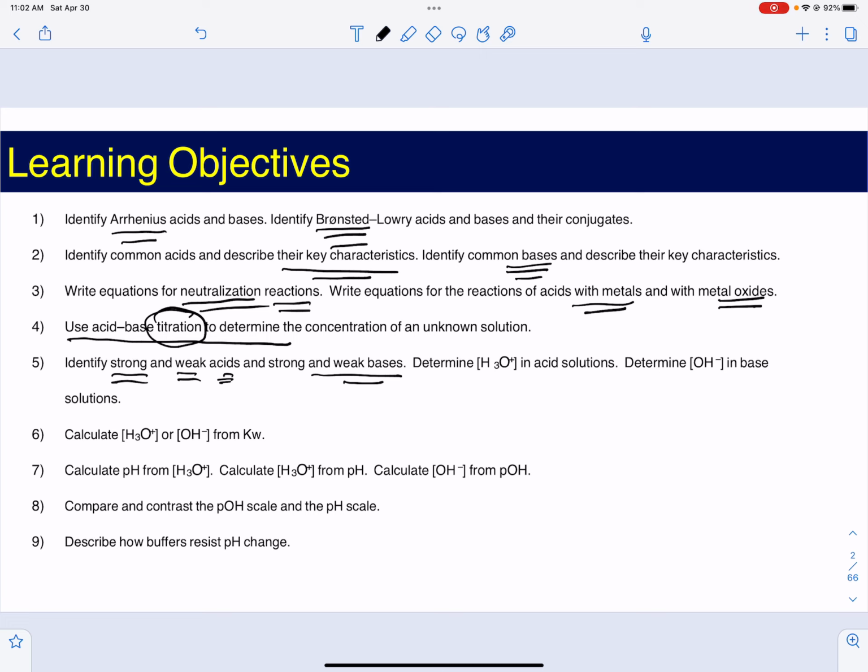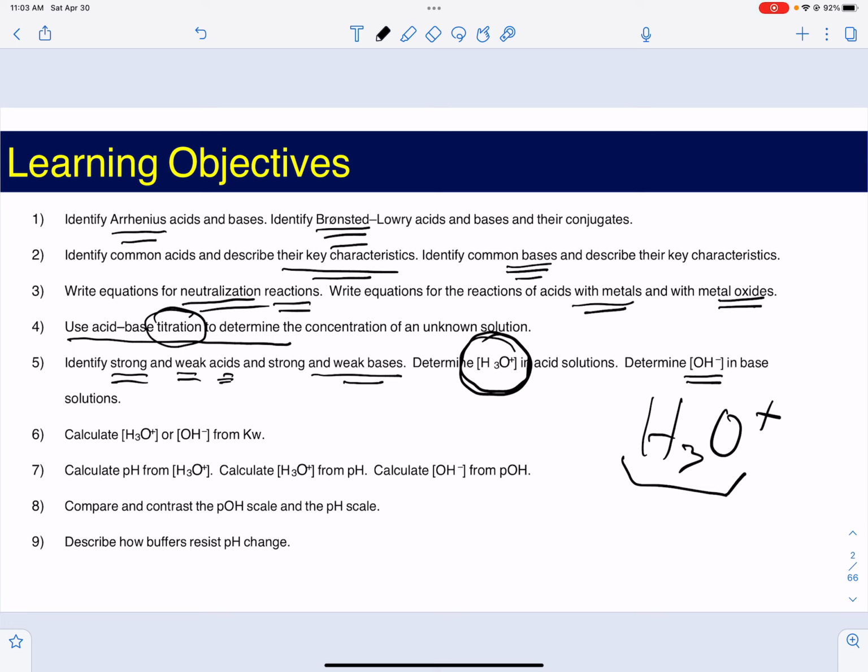Overall, we're going to see that this polyatomic ion, H3O+, is what defines an acid. Any substance that creates that will be an acid, and the more you create, the more acidic you are. The same goes for the base, but with the OH, or the hydroxide.